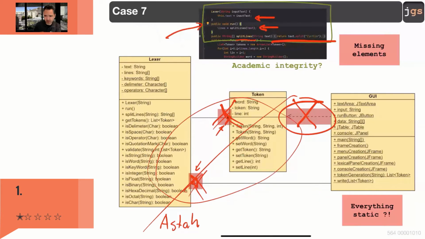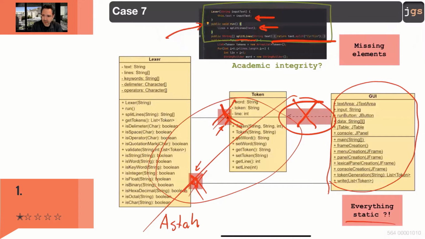Another thing here, before I move forward, did you notice that everything is underlined? Everything is static. What do you think about that? A class, in particular the graphical user interface, everything is static. Is that something that you would recommend doing?